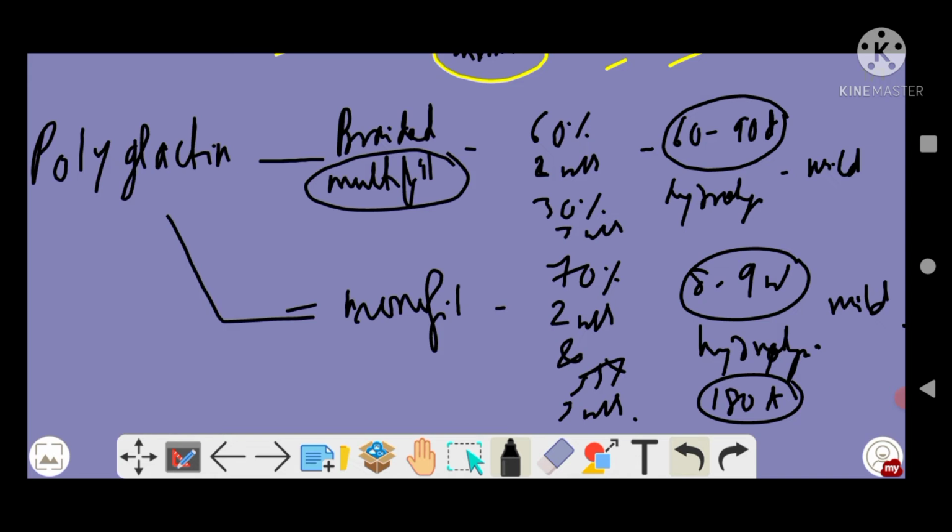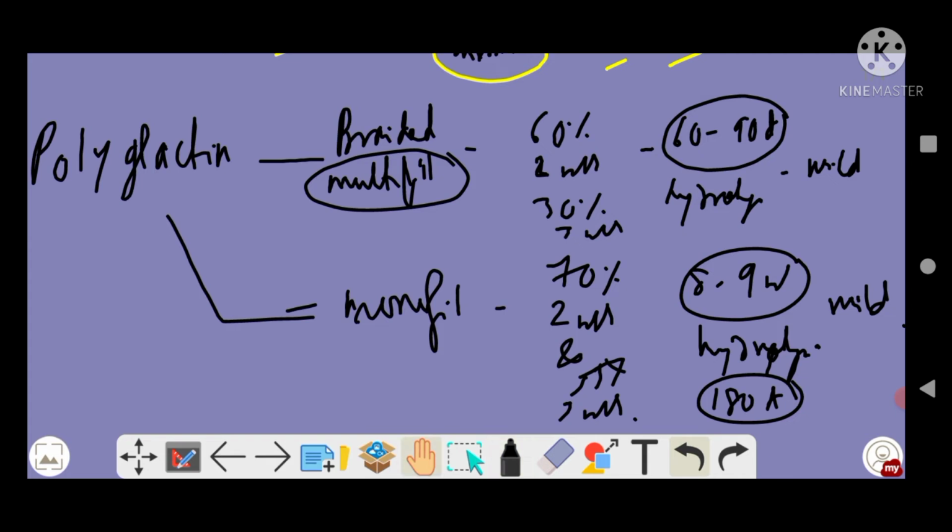All right, so if you just revise the things, your multifilament polyglactin takes 60 to 90 days for absorption, and the mode is hydrolysis. On the other hand, a monofilament takes 180 days for complete absorption, same hydrolysis procedure.